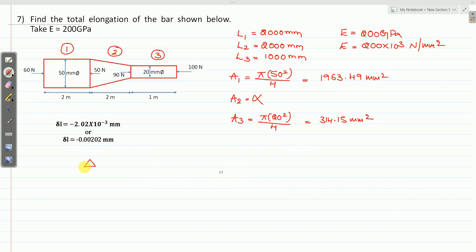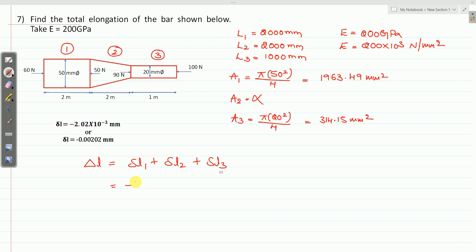Total elongation delta L equals delta L1 plus delta L2 plus delta L3. Here in this problem, all the three sections are subjected to compression force. Whenever there is a compression force, there will be a decrease in length, so I should use negative sign.